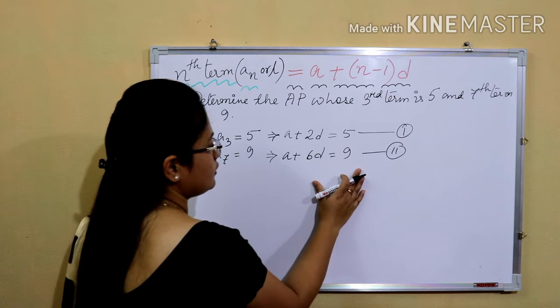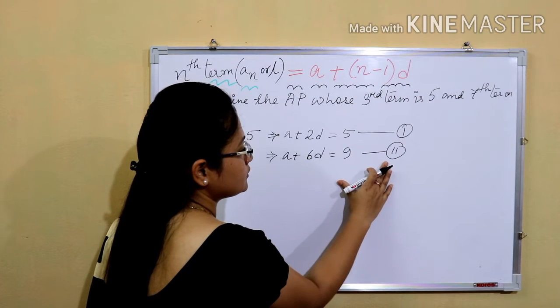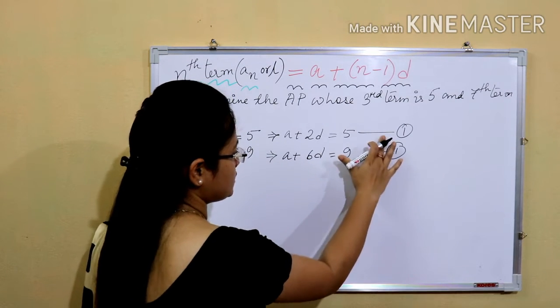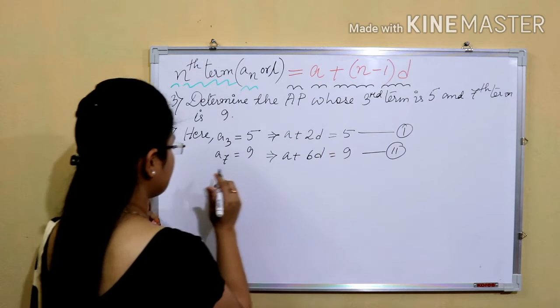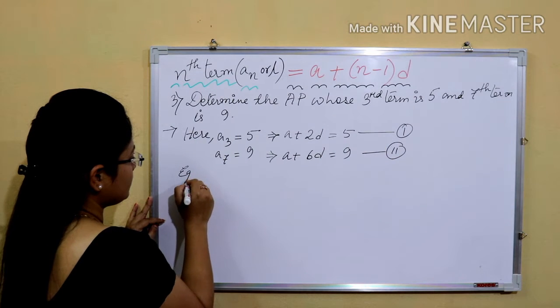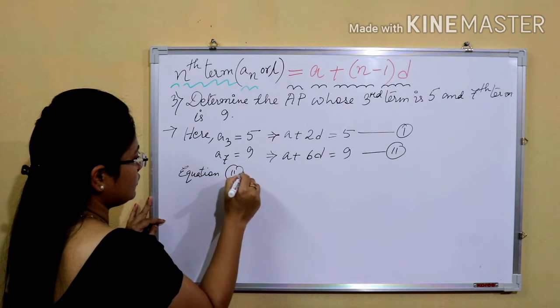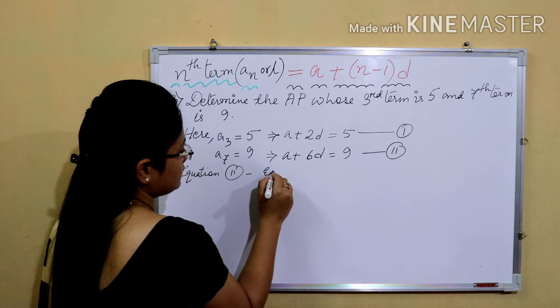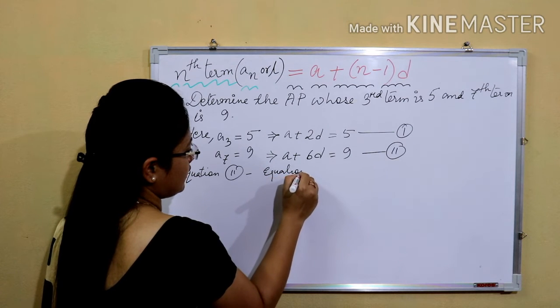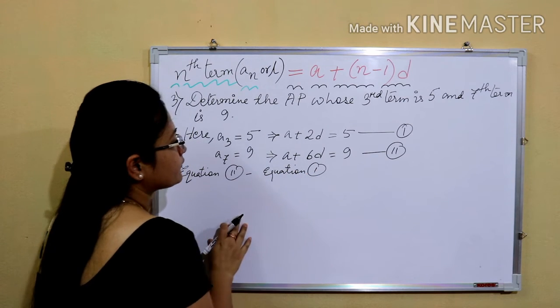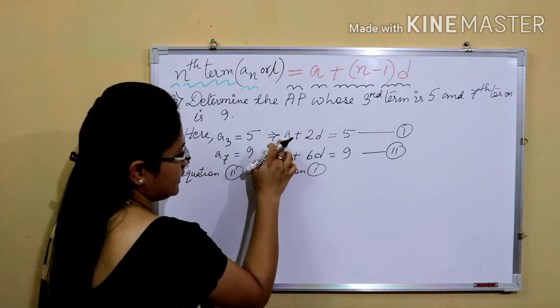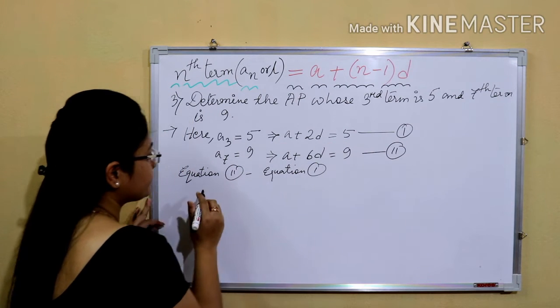Let us subtract equation 2 minus equation 1. Left hand side minus left hand side, right hand side minus right hand side.